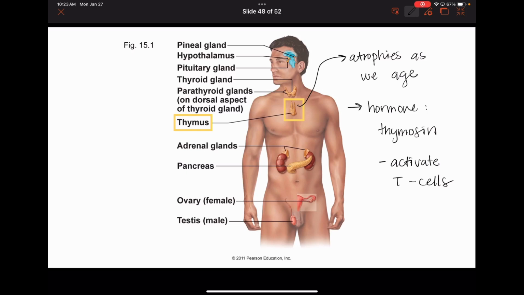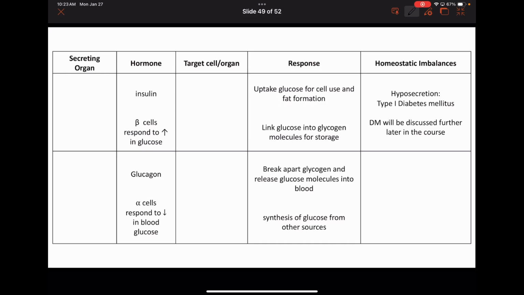And then we have one more thing to talk about before I assign you your homework. All right, so the last thing is something we already talked about, which is insulin and glucagon.